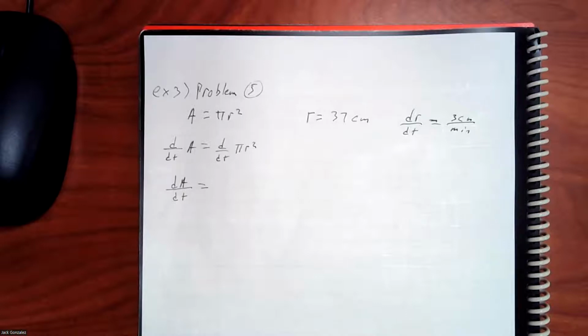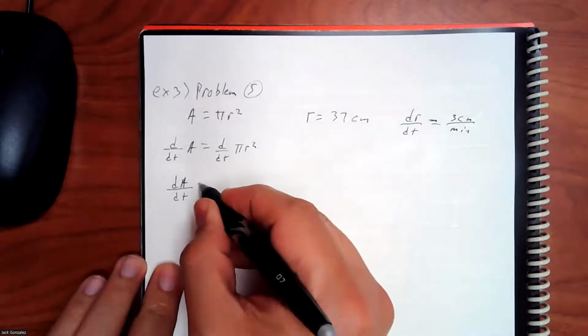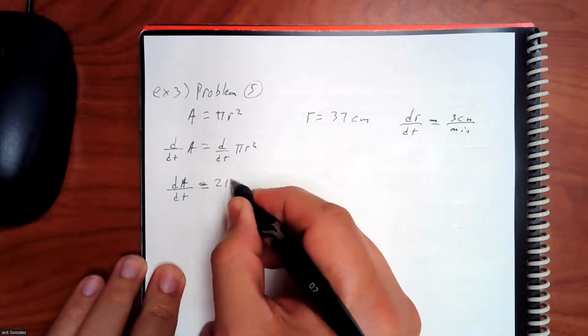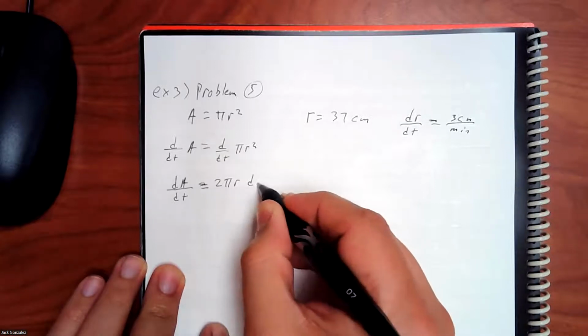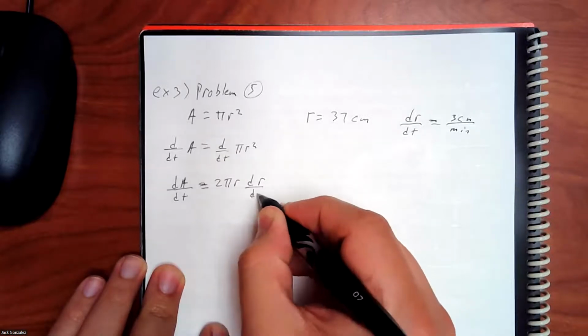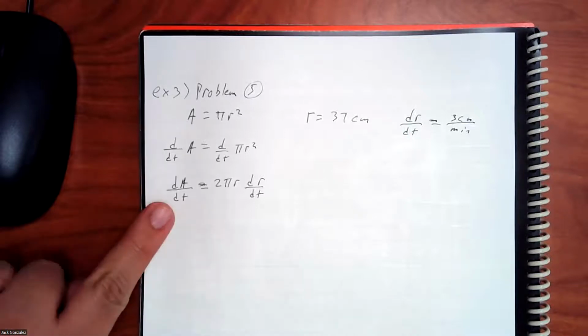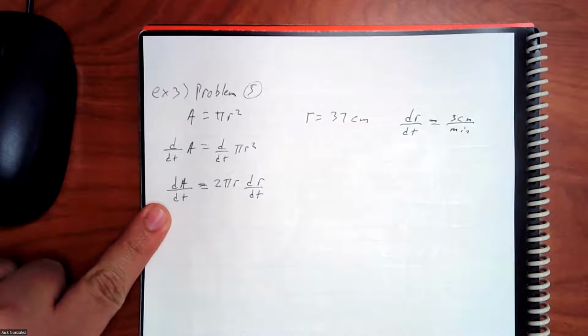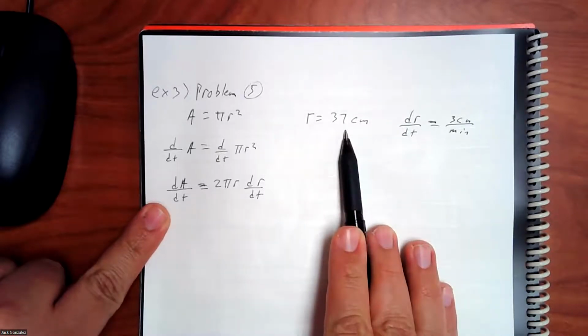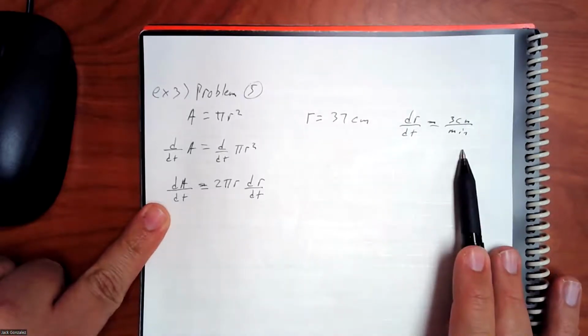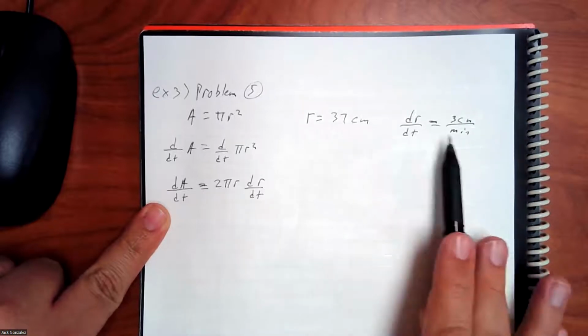Yeah, it'd be 2 pi r dr/dt, right? So we have the derivatives now. They want us to find what dA/dt is equal to, given this current radius and this current rate. So plug this in, and we'll have our answer.